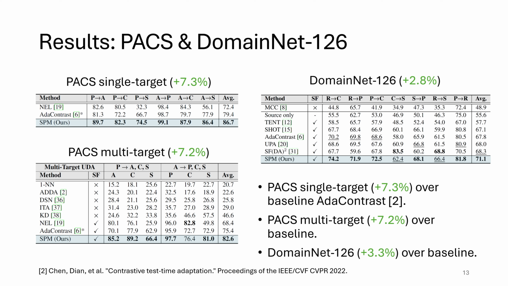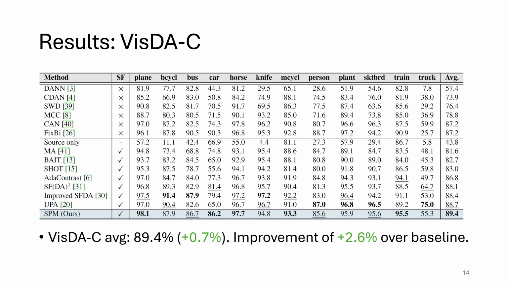On the DomainNet dataset, our method outperforms the best SFDA-squared method by 2.8% and achieves a performance improvement of 3.3% over the Adacontrast baseline. On the VisDA-C dataset, our method achieves state-of-the-art performance by outperforming the previous best UPA method by 0.7% and outperforms the baseline Adacontrast by 2.6%.